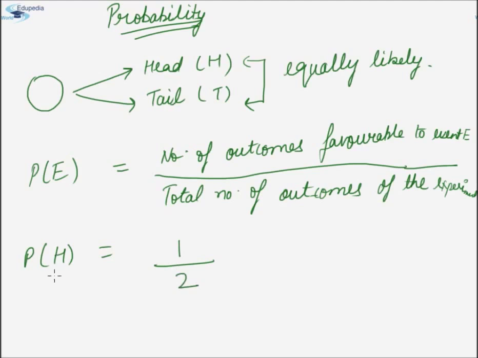Thus the probability that the coin will bear head is 1 by 2. Similar is the case for tail, because again the outcome favorable to tail is 1 and the total number of outcomes is 2.